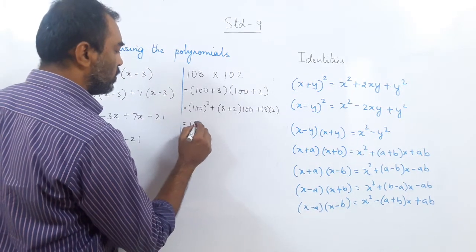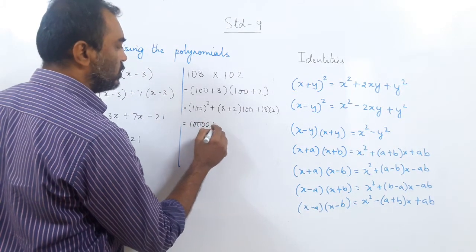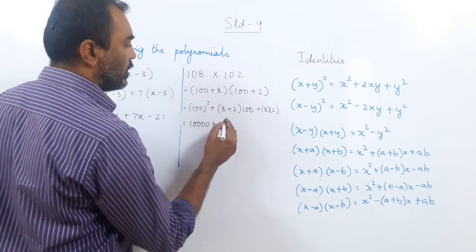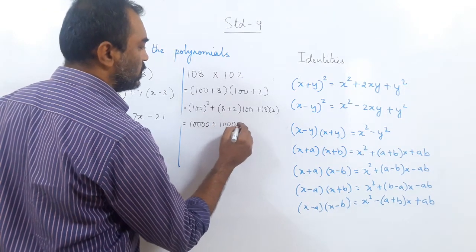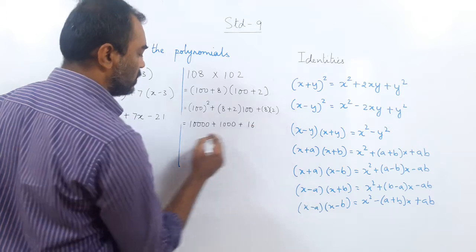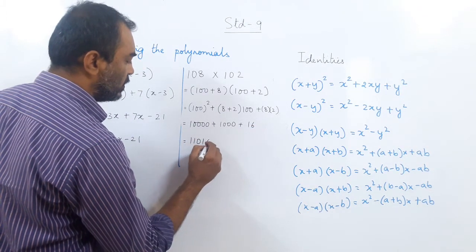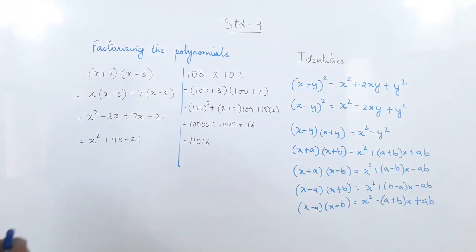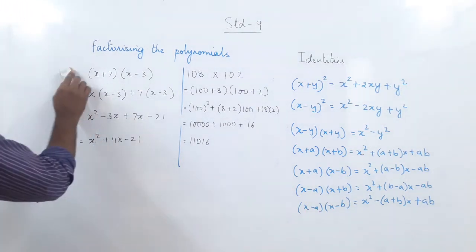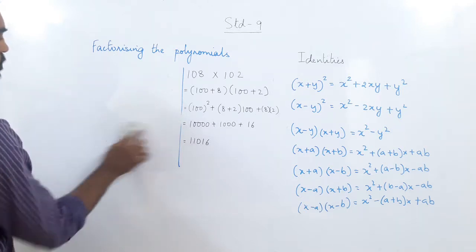So 100 square is 10,000. 8 plus 2 is 10, 10 into 100 is 1000, plus 8 2s are 16. So the answer is 10,000 plus 1,000 plus 16, 11,016. Okay, so use the identity. Now let us try something else.